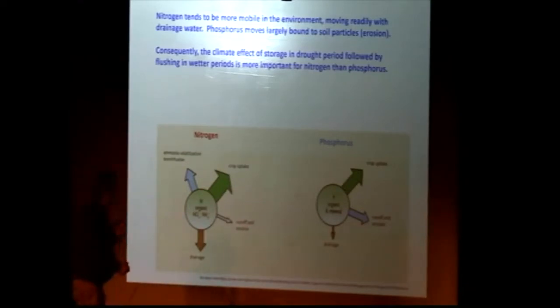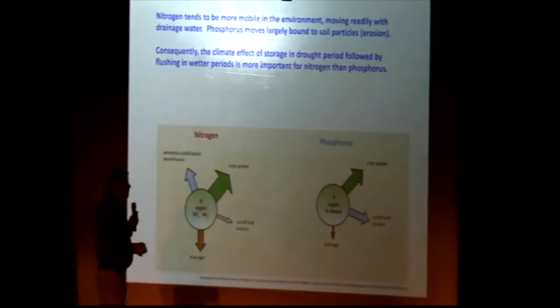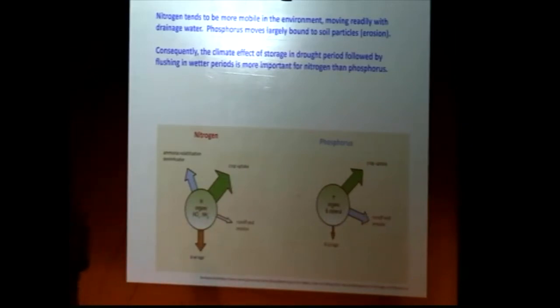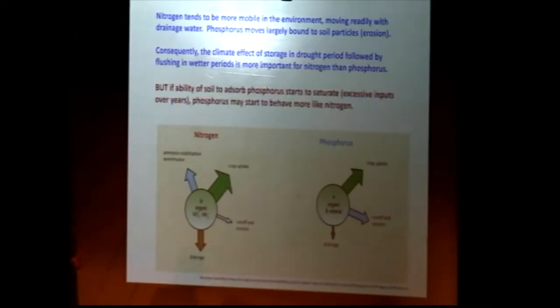For phosphorus, it's quite different. There tends to be very little in drainage, with an exception I'll come to in a bit. The phosphorus problem is largely one of erosion, movement of soil, movement of sediments. The phosphorus is stuck onto the sediment. That's a big difference.